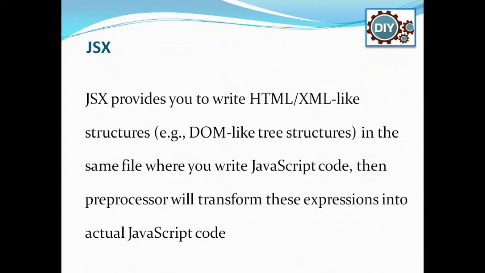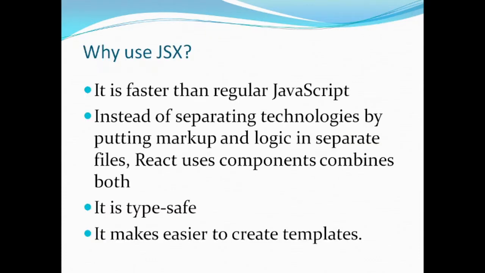This makes our React applications faster. Why we use JSX is that it is faster than regular JavaScript. Instead of separating your technologies by using HTML for markup and logic in a TypeScript file or plain JavaScript file, we can combine both, your presentation and your logic part.